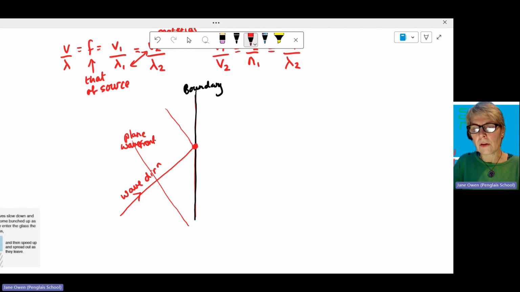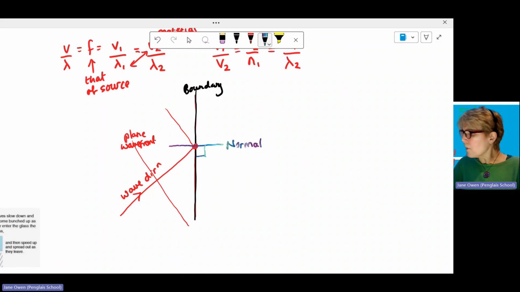What we normally do at that point of incidence is draw, and I'll do it in a different color, a normal, and I'll label it normal. The normal is at a right angle to the boundary, so basically you're doing a perfect cross with 90 degrees in each of the four corners.